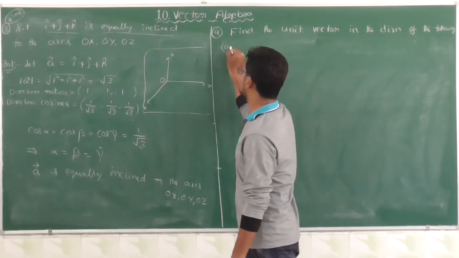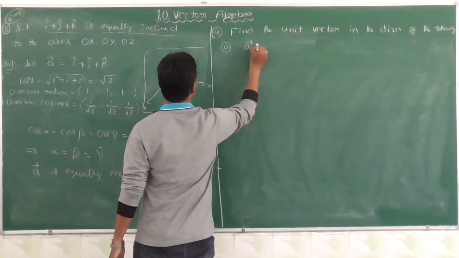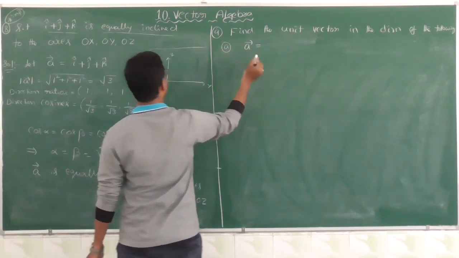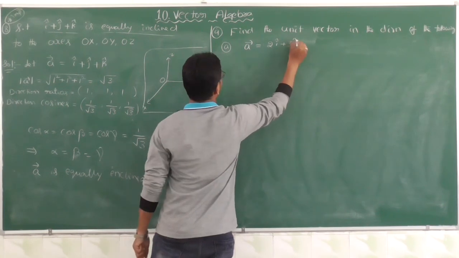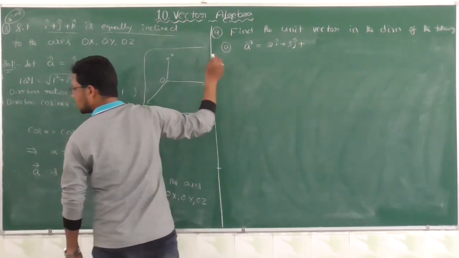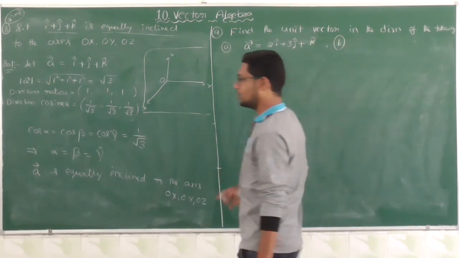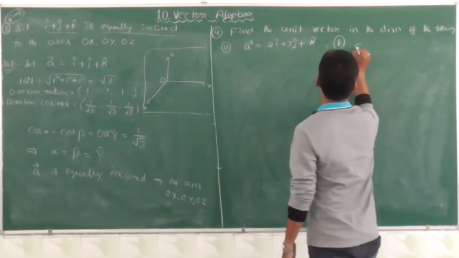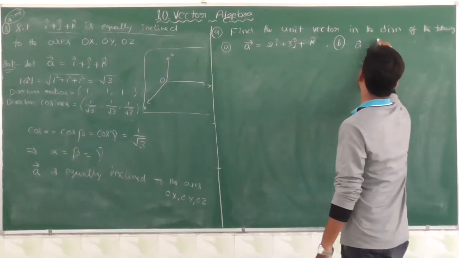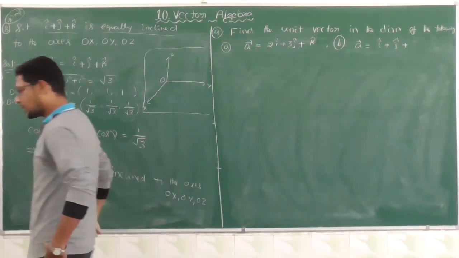First question A: A vector equals 2 i cap plus 3 j cap plus k cap. Second question B: A vector equals i cap plus j cap plus 2k.